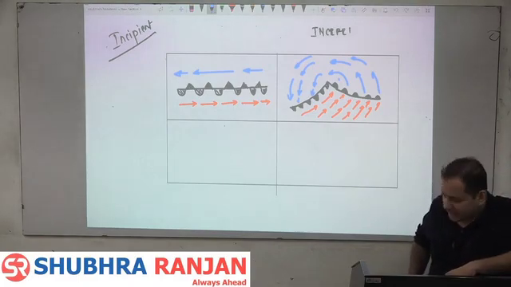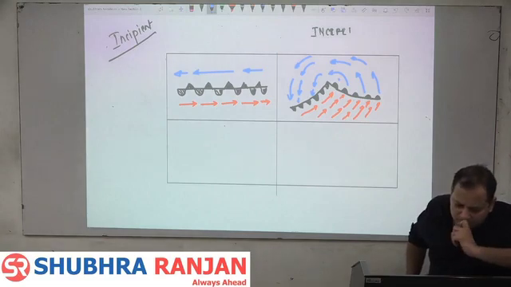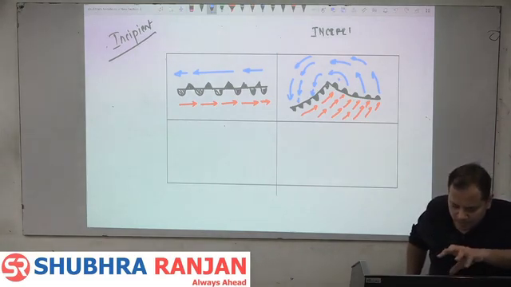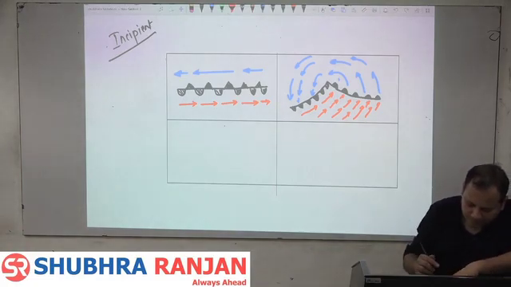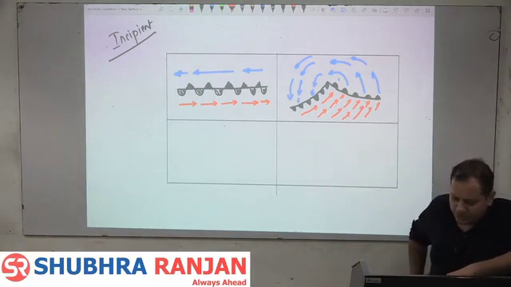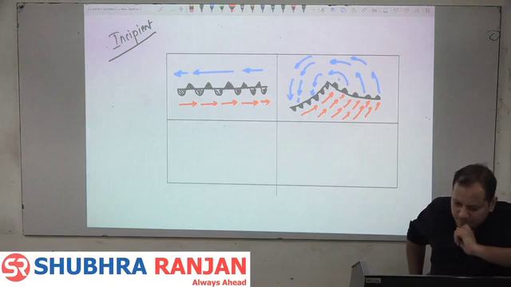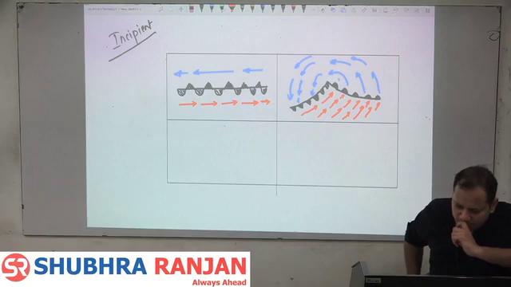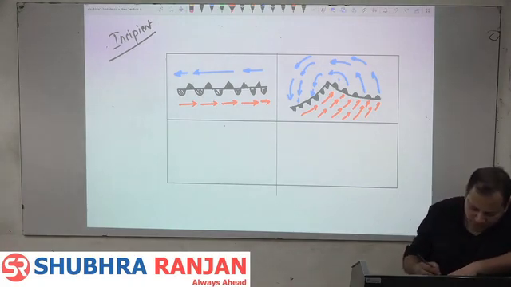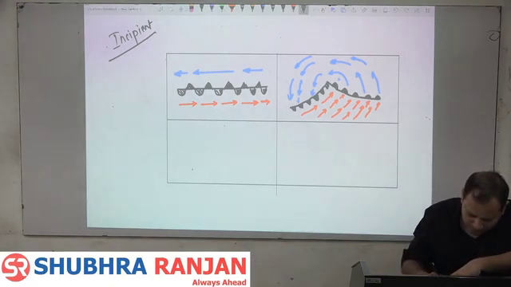The warm sector is narrowed down. You know now what is warm sector? The warm sector is narrowed down due to the advancement of which front? Due to advancing cold front, giving rise to a proper cyclone.